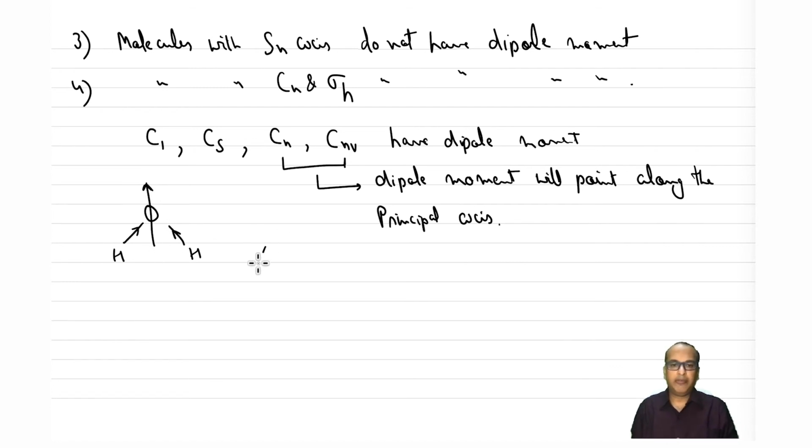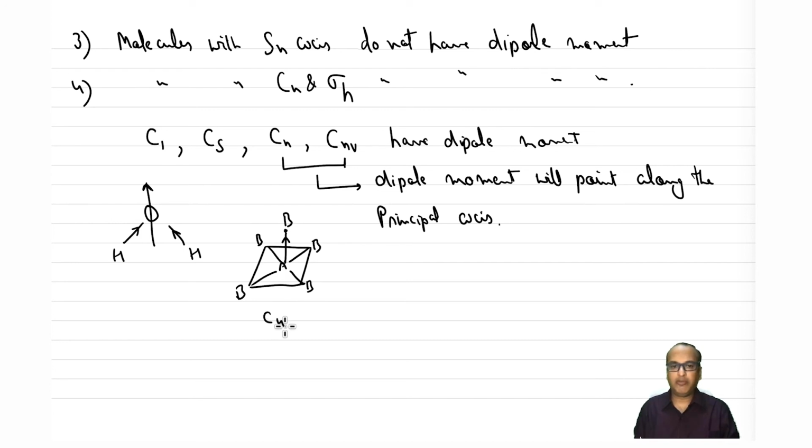Now, similarly, if you take a square pyramidal molecule, let's say something like this, which is A, B, B, B, B, right? So in this case, the dipole moment will lie along this AB bond, because all the individual dipole moments will add up and will lie along the C4 axis, which is present, right?